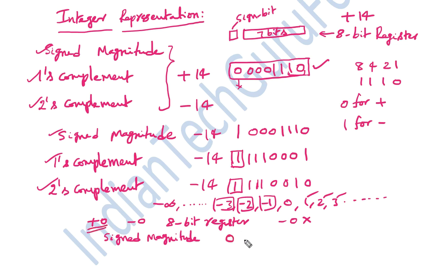For the remaining 7 bits we place zeros, 1, 2, 3, 4, 5, 6, 7. This is the representation of plus 0. How could we represent minus 0? The sign bit for minus is 1 and the magnitude is all zeros. That is how we represent minus 0.